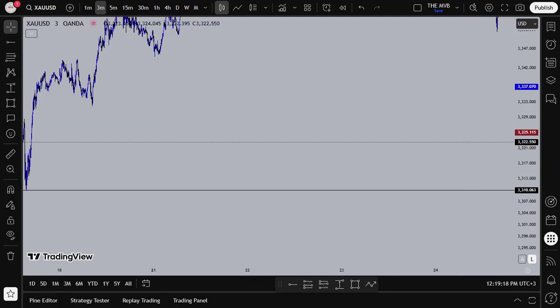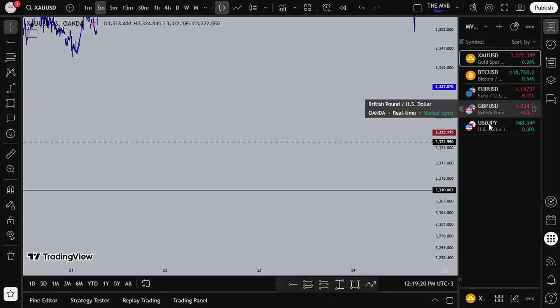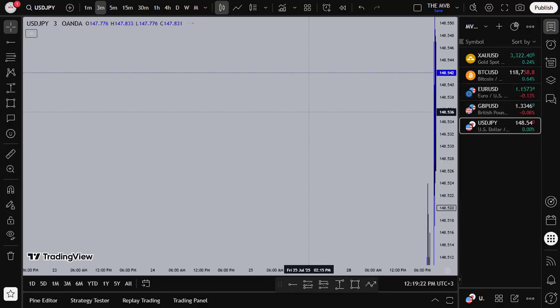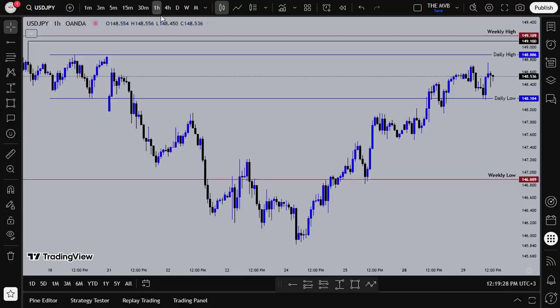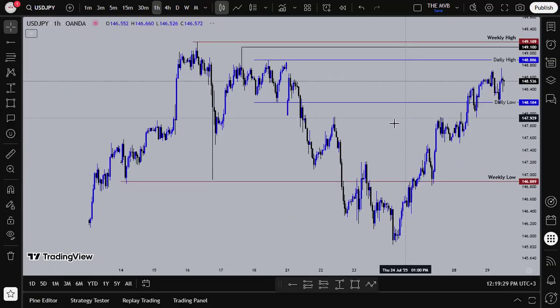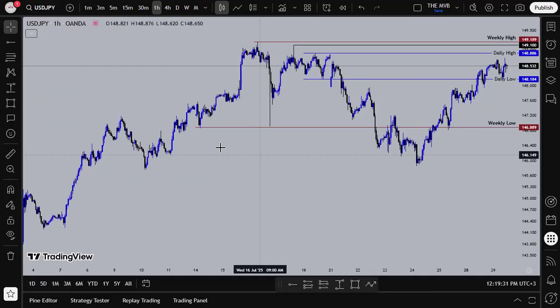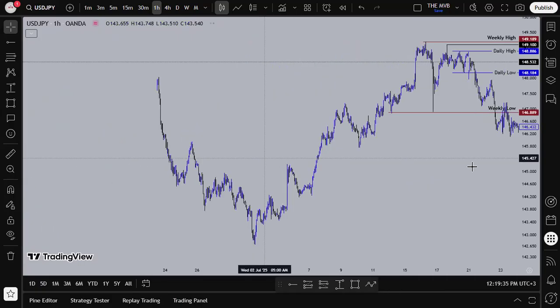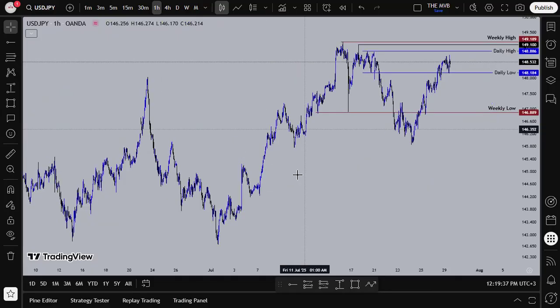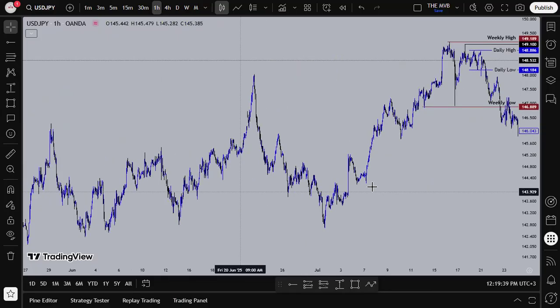I can show you one on a USD JPY. This is out of the gold using the same. Okay. I took, I mean, it was last week. I don't know, even the week before it was here.